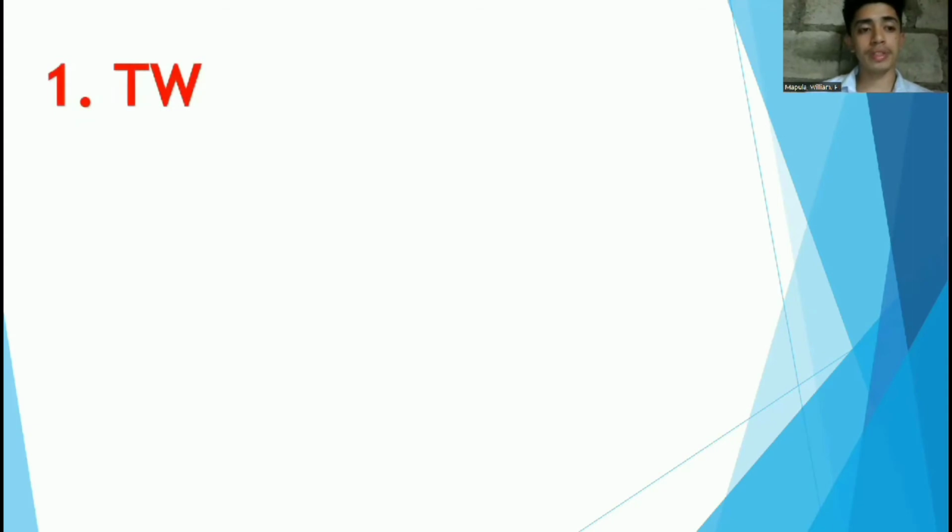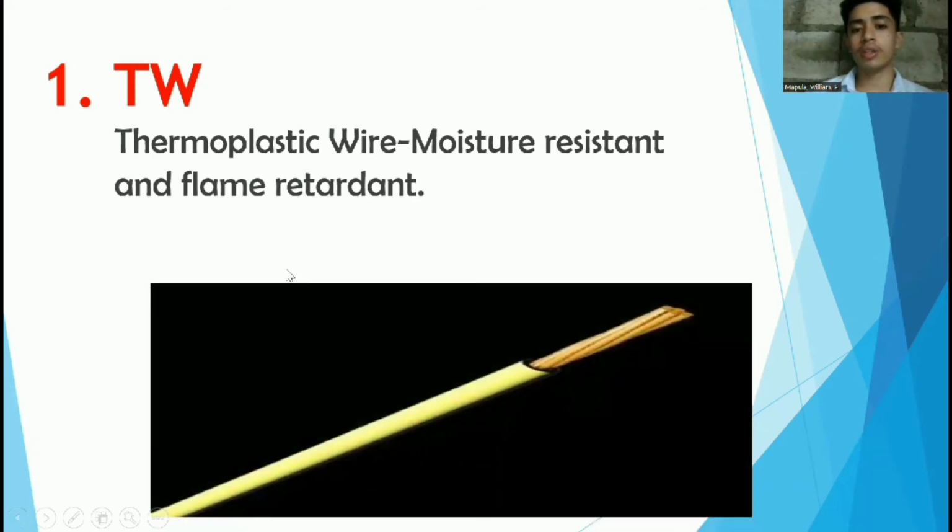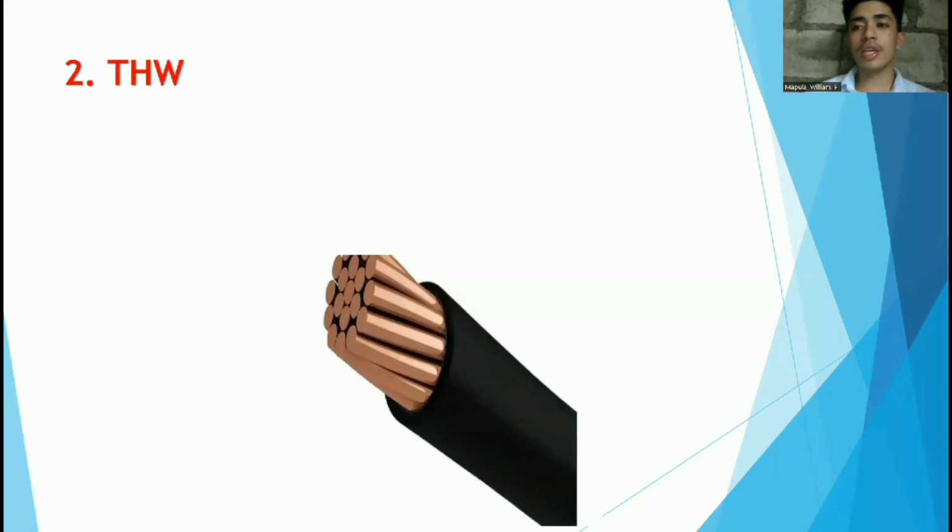Then first is TW, which means thermoplastic wire, moisture resistant, and flame retardant. Ibig sabihin yung TW is moisture resistant o hindi nagmo-moist yung wire. Then yung thermoplastic then is flame retardant o hindi madaling masunog. Ito yung picture ng TW. Then next is THW.